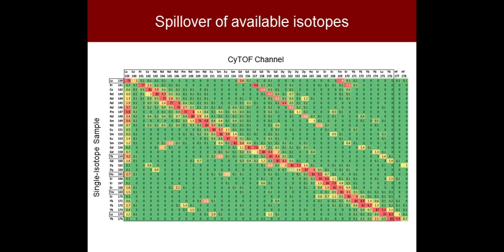You'll also see some yellowish and reddish boxes right around that diagonal of that primary channel, oftentimes in the next highest mass channel, so what we call mass plus 1 or M plus 1 spillover. And that is a certain amount of detector infidelity where it's not making quite the right call on the isotope mass every single time. I'm told that that's actually much improved in the newest instrument, the CyTOF 2.